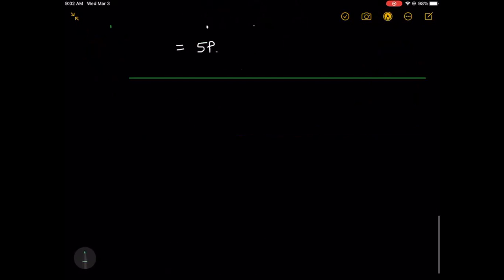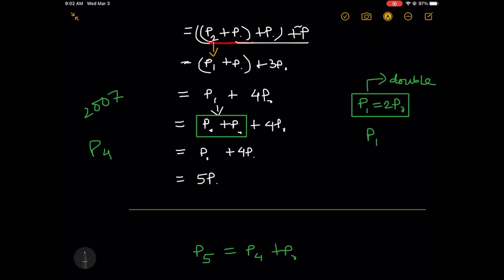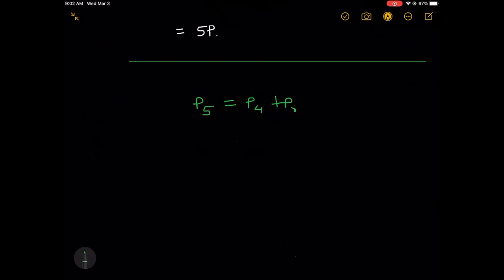So P4 plus P0, and what's the population in 2007? Example 1, it's 15,000. Okay. So P4 is 15,000, but is it true using the recursive form?